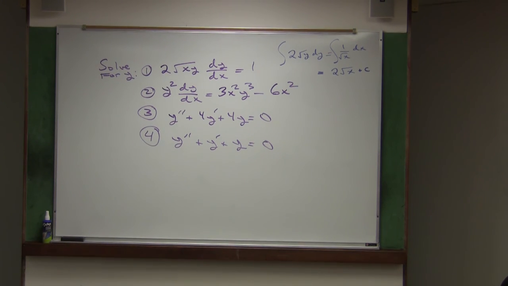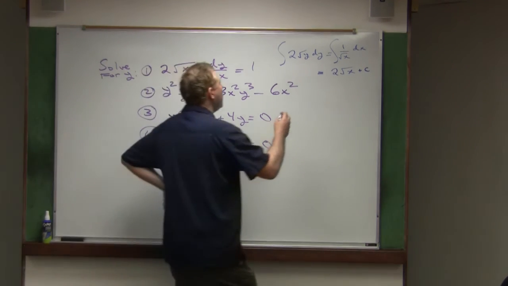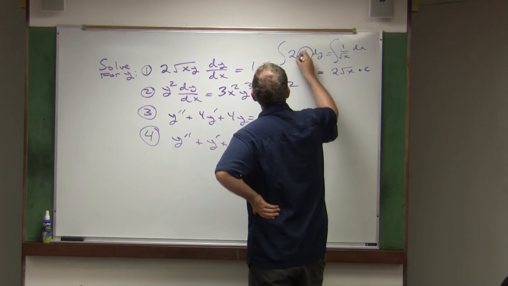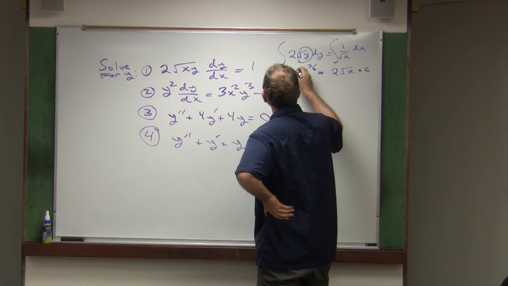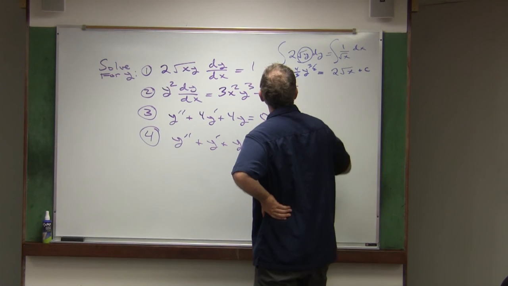The antiderivative of y to the 1 half is y to the 3 halves times 2/3, but then you've got the 2, so it's 4/3 here.